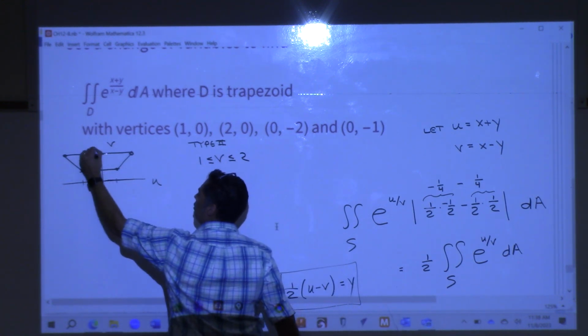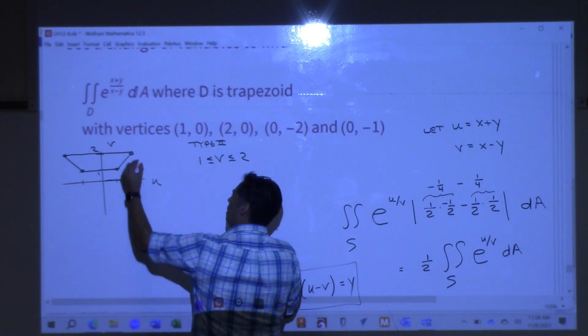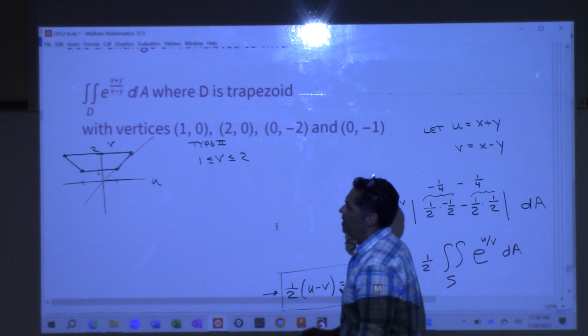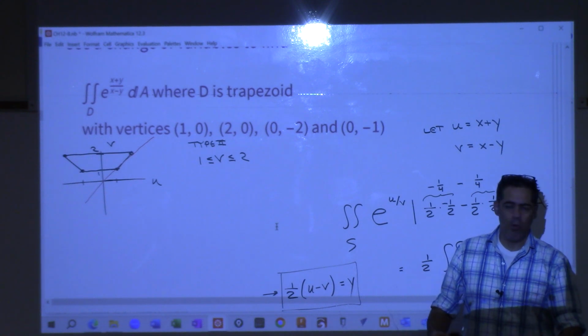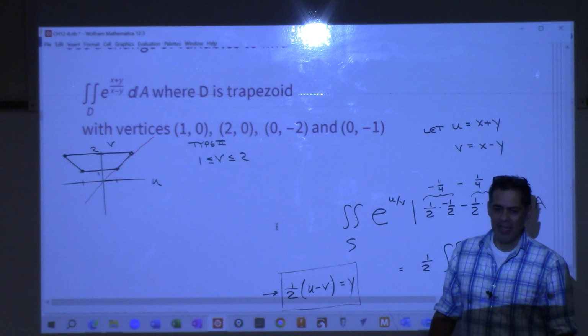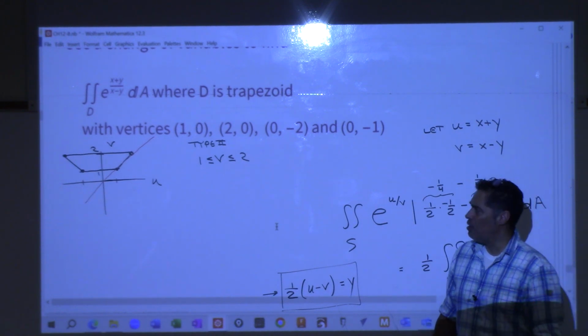It's 1 and 2. And now I need to be able to write this line as u as a function of v. But what is that line? It's u equals v, isn't it? Because it's like the identity. It's like y equals x. It has a slope of 1.